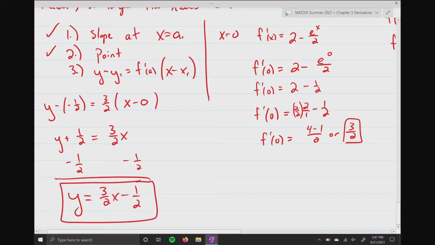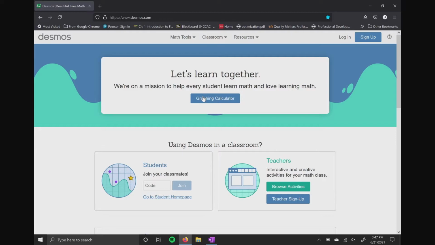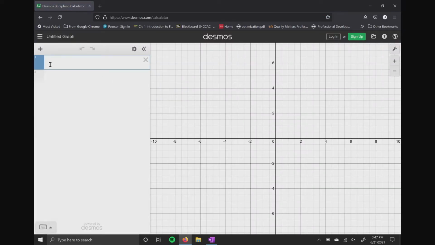And a nice, easy way to check yourself to make sure you are correct is just graph it. So what I'm going to do is pull up Desmos real quick. All right, first thing I'm going to do is graph our function.